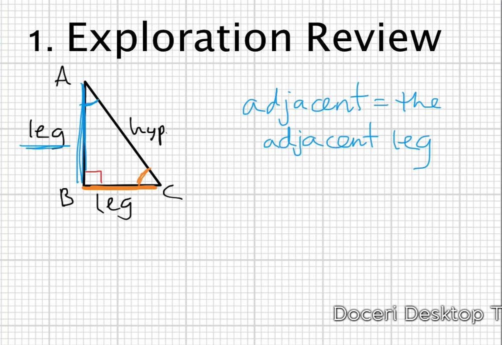So whenever I say adjacent, I'm talking about the adjacent leg to the angle, not the adjacent side, because that could be the hypotenuse as well. But when we say adjacent, we're actually saying adjacent leg, not adjacent side. Okay, so that would be talking about names of sides.